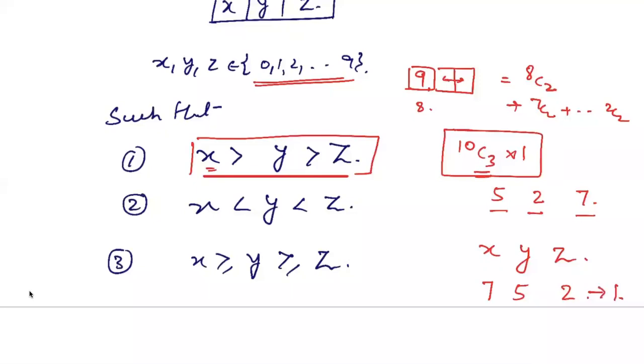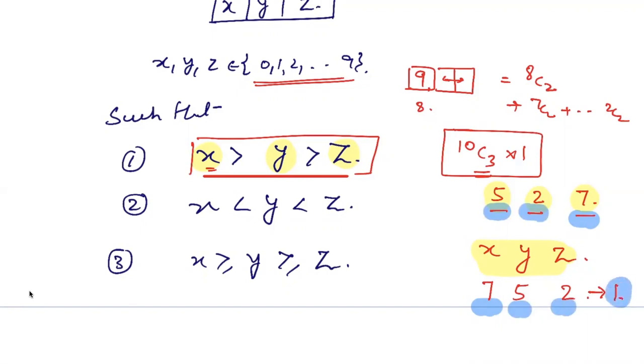Come again, see. 10C3, I'm selecting 3 numbers, right? Let the numbers be 5, 2, and 7. Now we have to arrange these 5, 2, 7 according to X, Y, Z. The condition given is X greater than Y greater than Z. So number 7 has to go to X, number 5 must go to Y, number 2 must go to Z. So we have only one option for that.